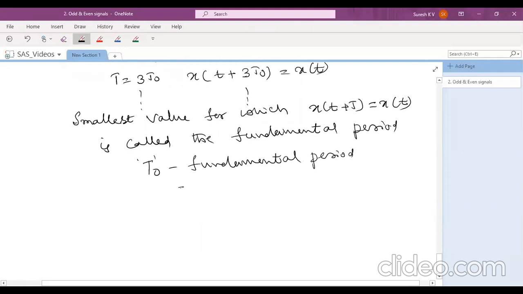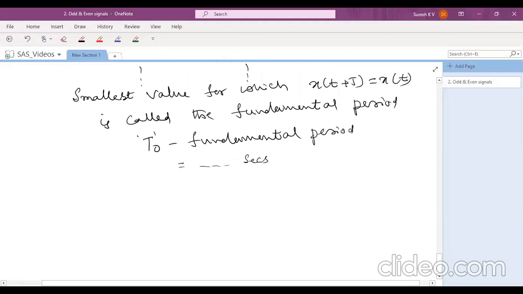And usually this T naught is expressed in seconds, microseconds, milliseconds. Reciprocal of this T naught is F naught. It is 1 by T naught, and this is called the frequency, which is expressed in hertz or cycles per second.